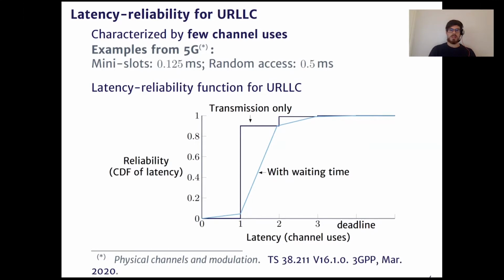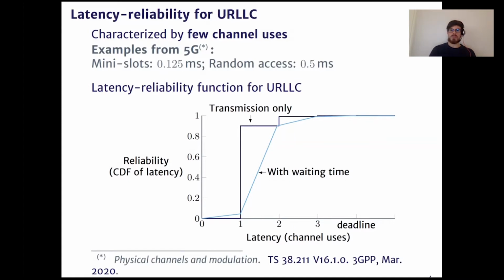So what we have is normally a step function, shown in the graph usually. Basically we have some channel uses, and we have to provide the reliability guarantees within those channel uses. But not only the channel use counts toward this. It's not only transmission we're talking about, it's also the waiting time. Why? Because if we have resources that are widely spaced in time, the waiting time can be quite large compared to the transmission time.